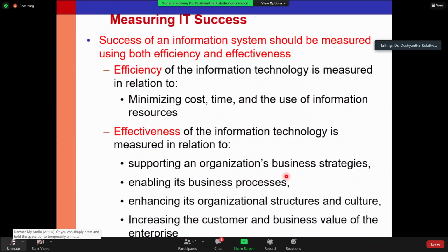Now here you may be in a position to quantify the particular measurements and get some quantifiable value. If it is cost, you may be in a position to see how much cost you incurred in the earlier process and how much you incur now.